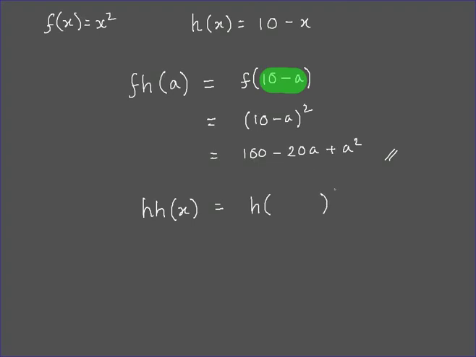Well, we're going to go through h twice. First time through, we get 10 minus x. The second time through, we're going to get 10 minus whatever we see in here.